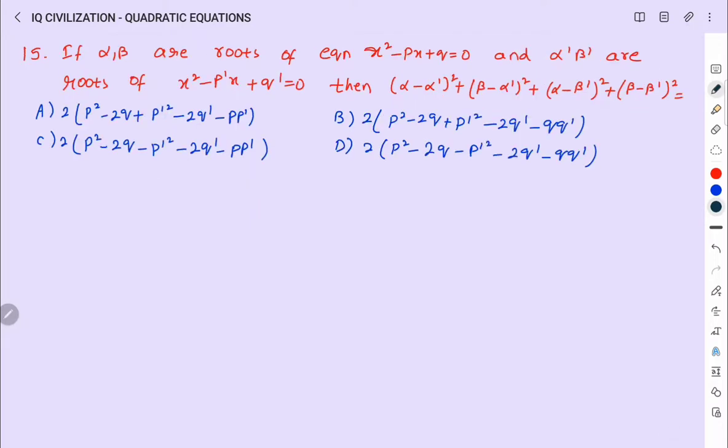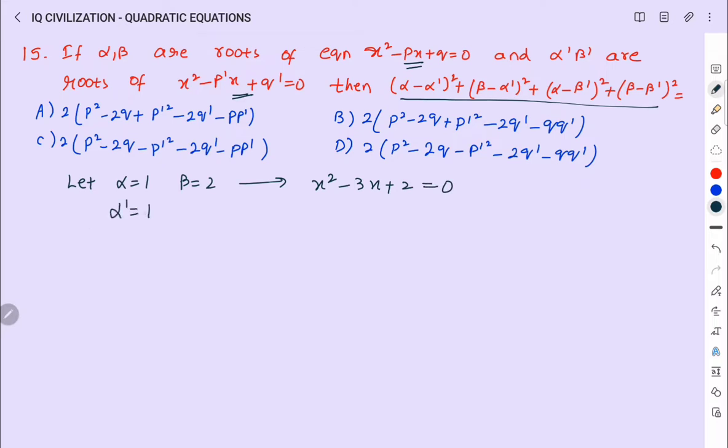See, a very big question. If alpha beta are roots of this equation, alpha dash beta dash are the roots of this equation, then we need to find the whole big one. So here let alpha equals to 1, beta equals to 2. What is our equation? X square minus 3x plus 2 equals to 0. We all know this. Again, if alpha dash equals to minus 1, these are all our assumptions, beta dash equals to minus 2.